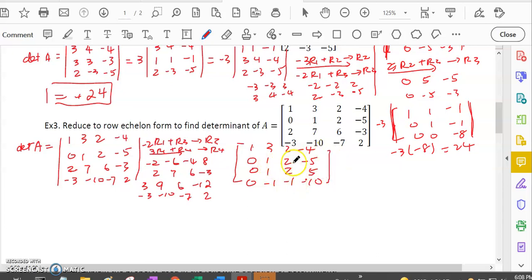So you can see this 1 is the one that we need to get rid of. So negative row 2 plus row 3, put in row 3. Negative row 2 itself plus row 4, put in row 4, right? So let's do it one more. 1, 3, 2, negative 4, 0, 1, 2, negative 5.